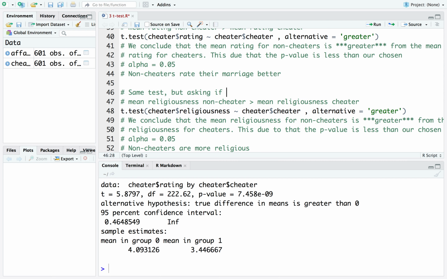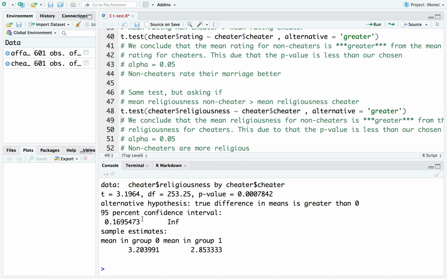If mean religiousness non-cheater is greater than mean religiousness cheater. So this is making the alternative hypothesis saying that I believe that people that are religious are going to be less likely to cheat. Well, it's fine. You can say whatever you want. Just test it. So we've tested it, and it came out to be significant.